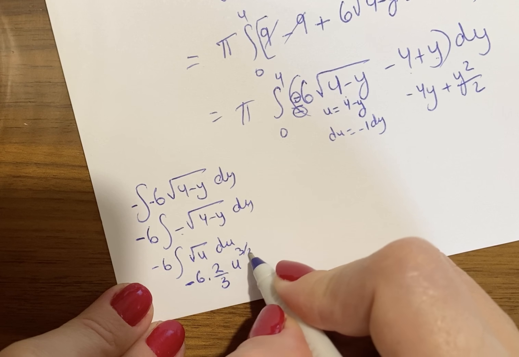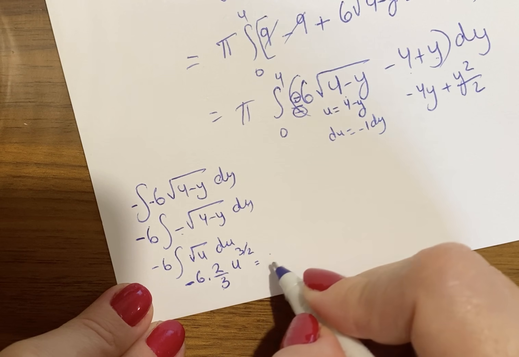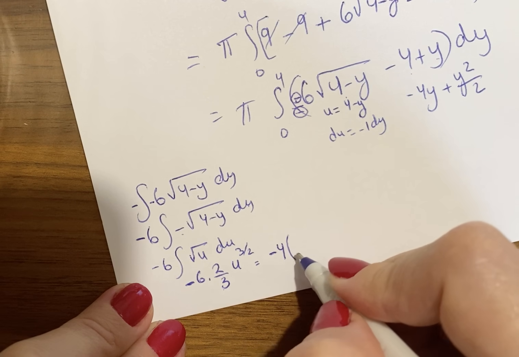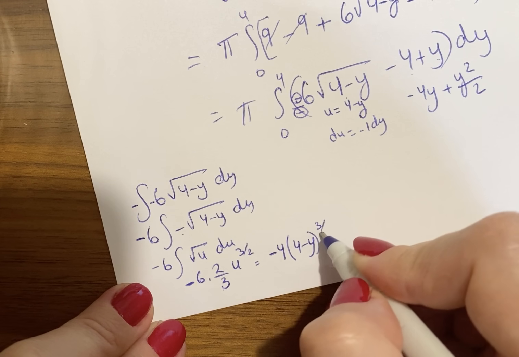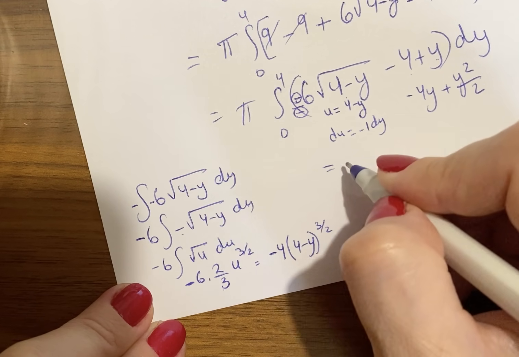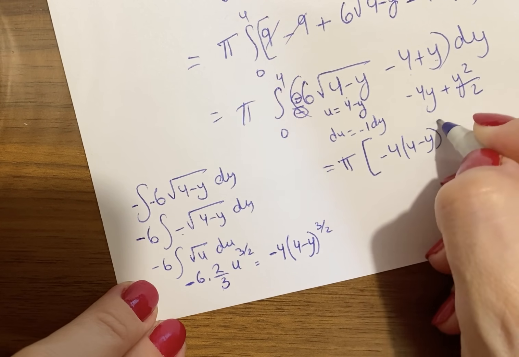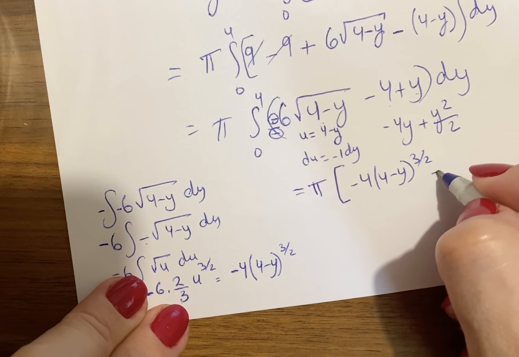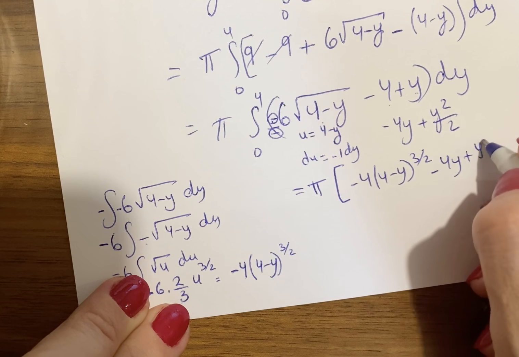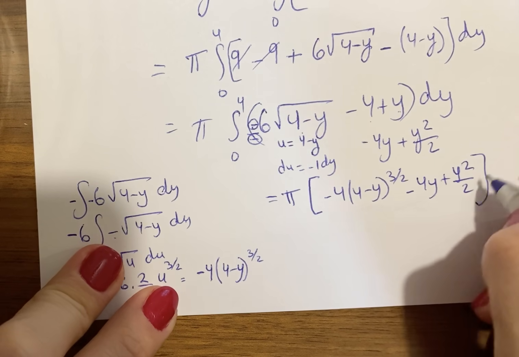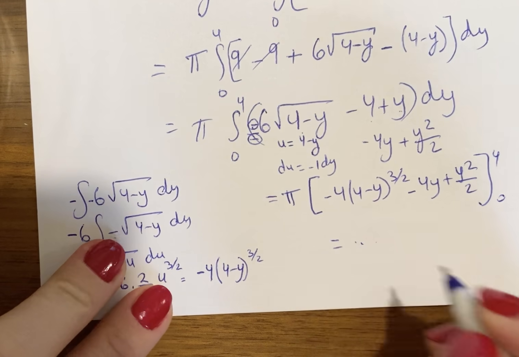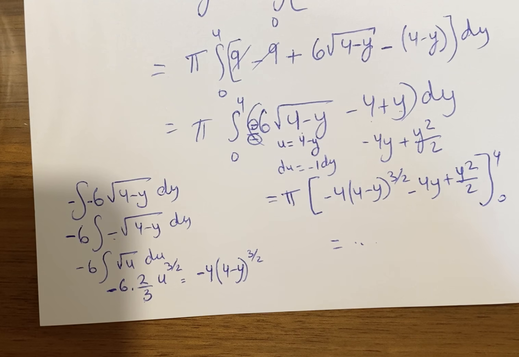Which is minus 12 over 3 times u to the power 3 over 2, where u is 4 minus y. So when you integrate, this gives you pi times minus 4 times (4 minus y) to the power 3 over 2 minus 4y plus y squared over 2, from 4 to 0, and you can calculate the answer.